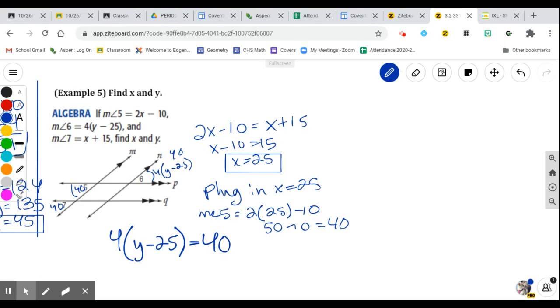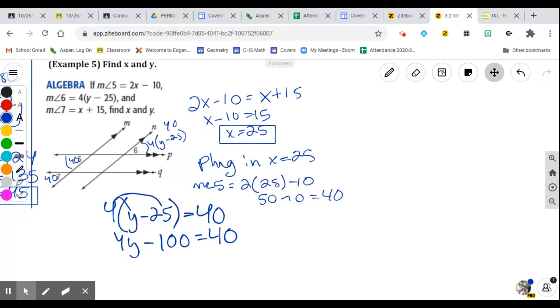Now to solve this, you could distribute or you could get rid of 4. I feel like a lot of you would probably distribute, so that's what I'll do. Add 100 to both sides. So then we have 4y equals 140.